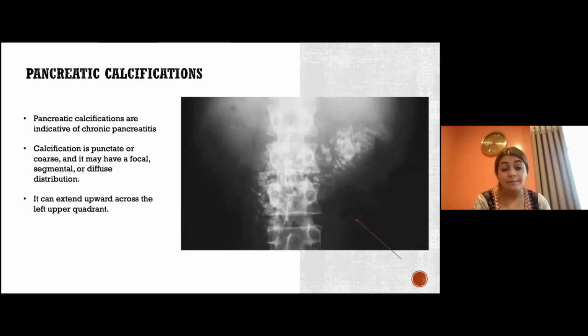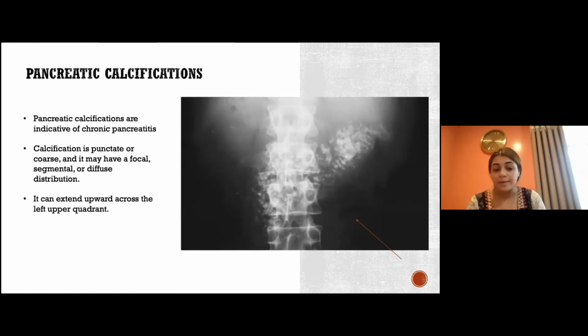Over here, you could see pancreatic calcification. It is very visible, as I have pointed out with the arrow. Pancreatic calcification is also indicative of chronic pancreatitis. Calcification is punctate, as you can see over here. Of course, it may have a focal segment or diffuse distribution.